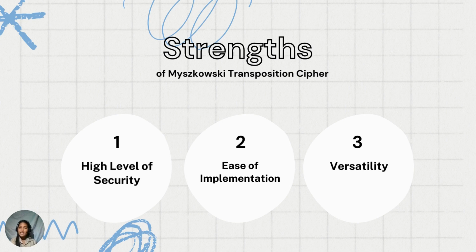It is relatively easy to implement and does not require complex mathematical operations or algorithms. Myszkowski transposition cipher can be used to encrypt messages of varying lengths and can be adapted to suit specific requirements, which means one of its strengths is versatility.